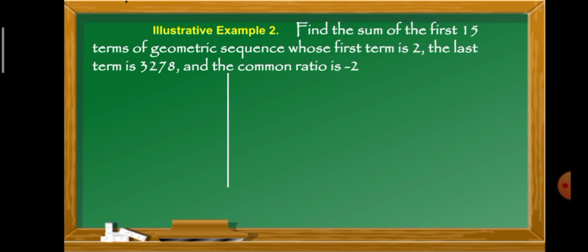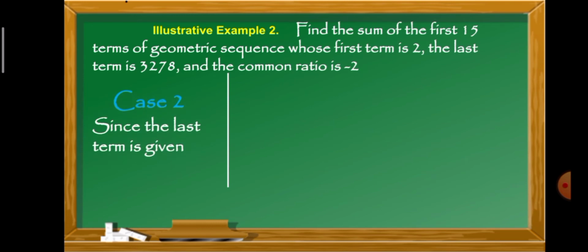For example number 2, find the sum of the first 15 terms of a geometric sequence whose first term is 2, the last term is 3,278, and the common ratio is negative 2. So ano kayang formulang gagamitin natin? Since given ang last term, so ang formula ay ito, yung walang parenthesis. Okay?